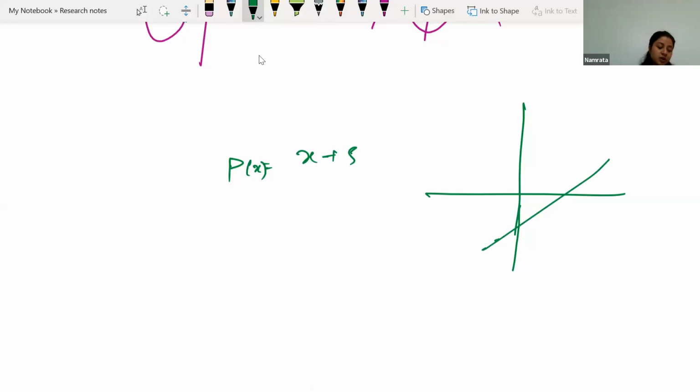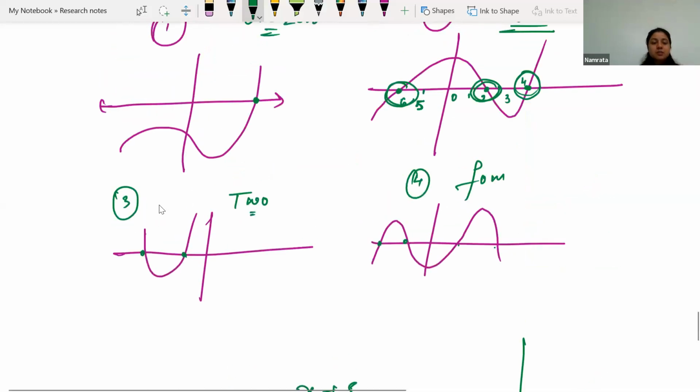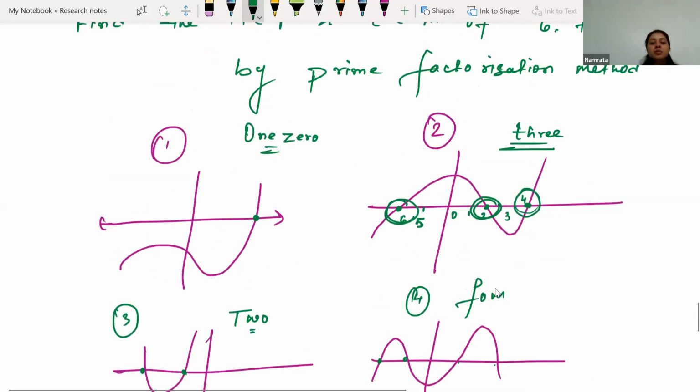For a quadratic polynomial, the example is graph number 3. Why? Because here two zeros are there. Graph number 2 has 3 zeros, so it is a cubic polynomial.